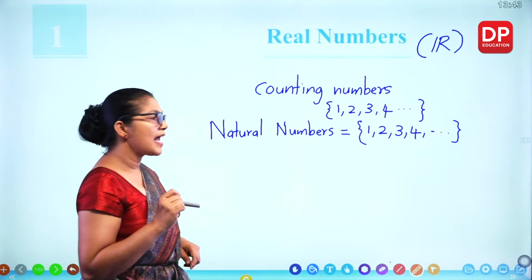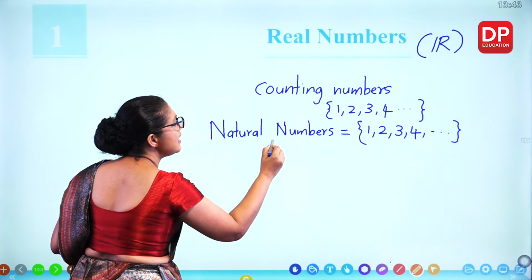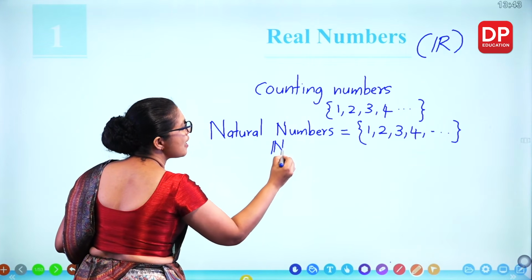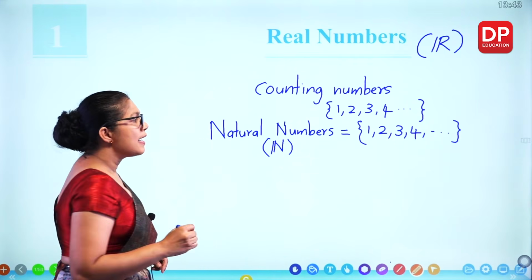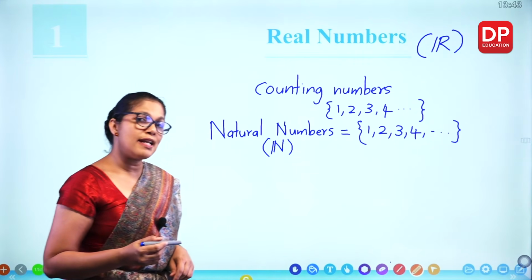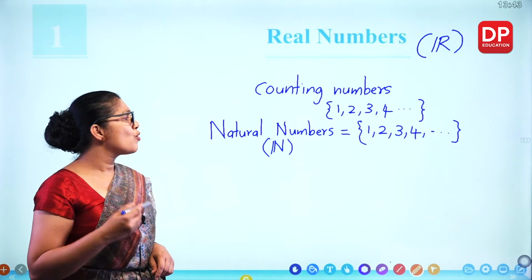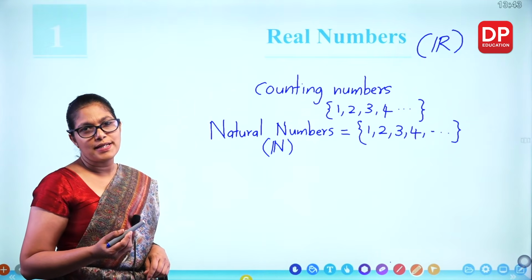What's the symbol we can use? We use the letter N for natural numbers, and here we put another line. Now when you take all natural numbers, there are so many types of numbers.